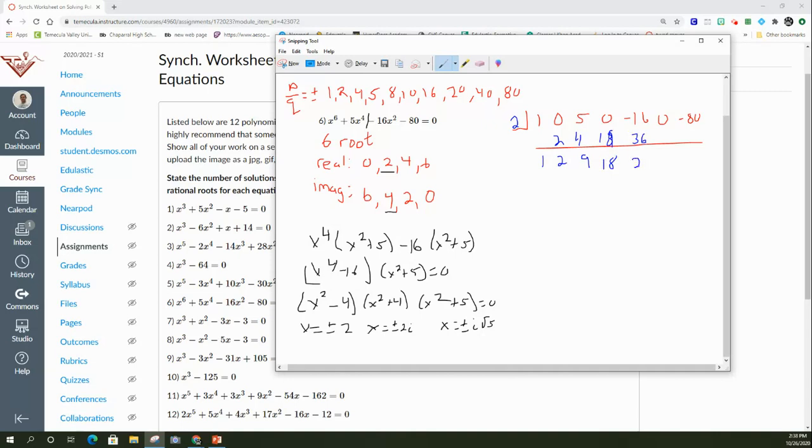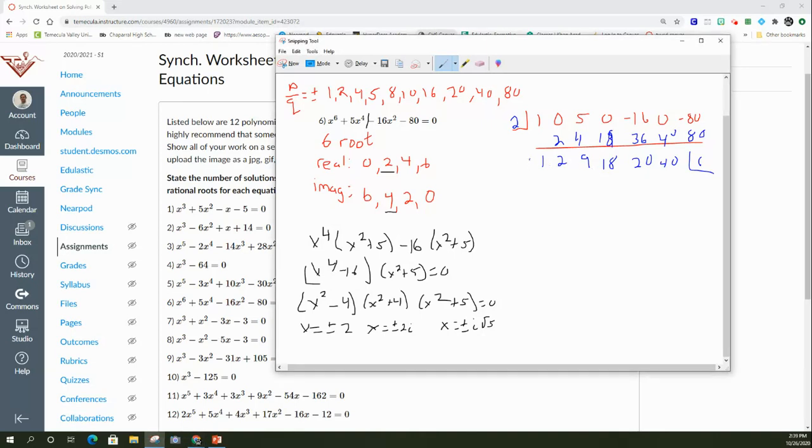All right, and I'll keep adding. And then I get 80, and then I get 0. All right, so then I've got 6 terms here. I'm going to keep going.